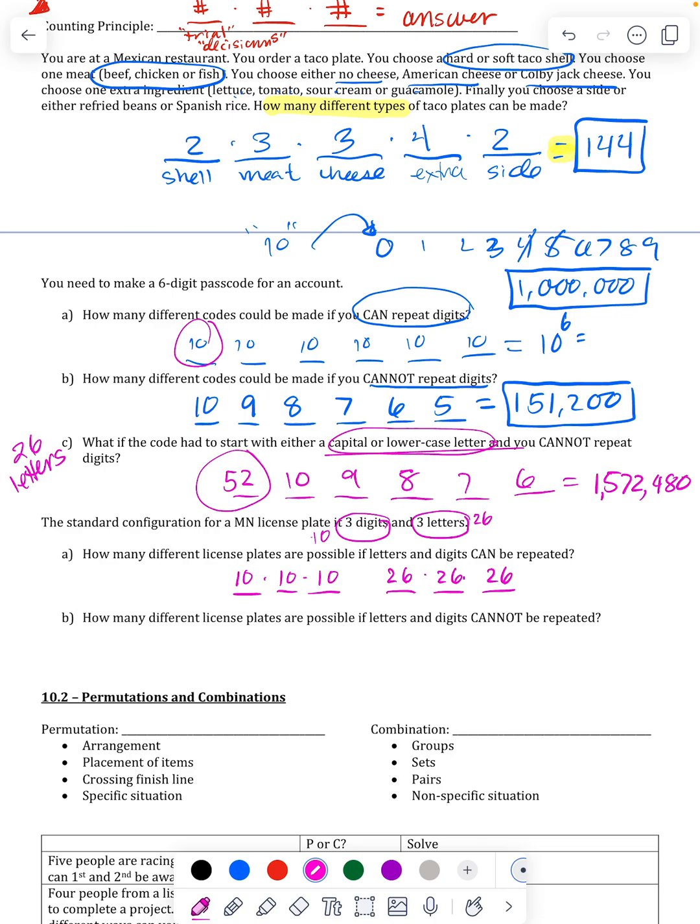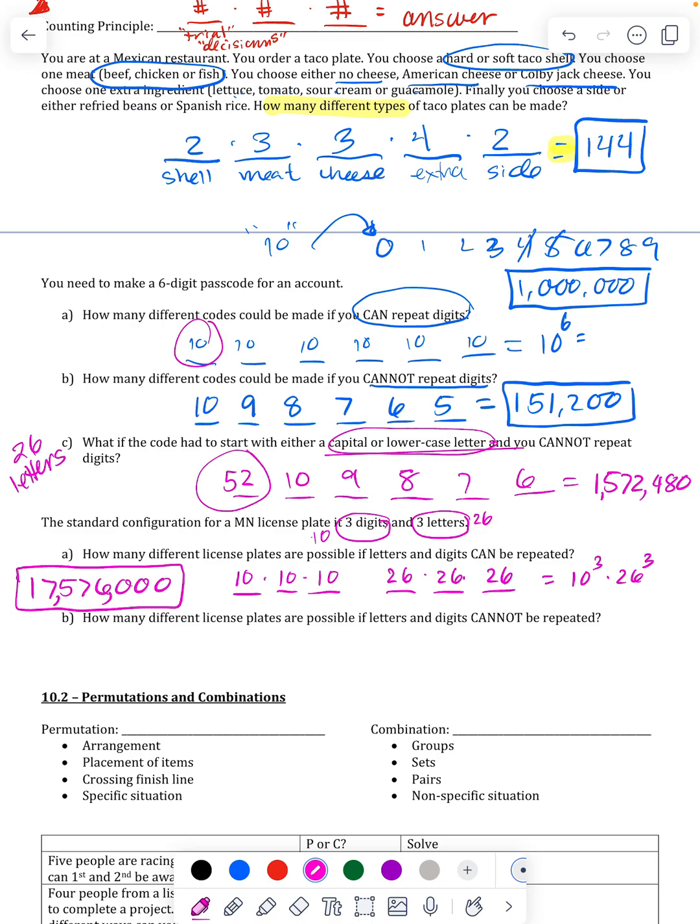And so you can multiply that all out, or you can type it into your calculator as 10 to the third power times 26 to the third power, because you're multiplying 10 times itself 3 times, and then multiplying that by 26 times itself 3 times. So I have a lot of options. I got this big fat number. Because as soon as you have the option of putting letters in there, you just have way more choices.